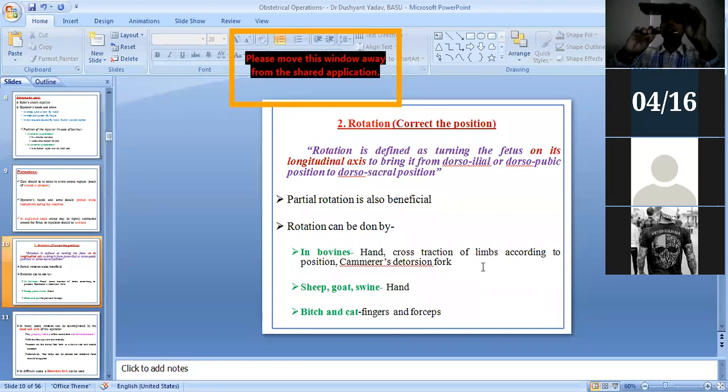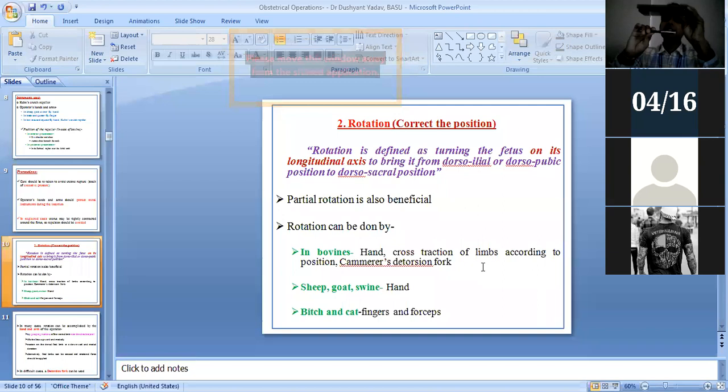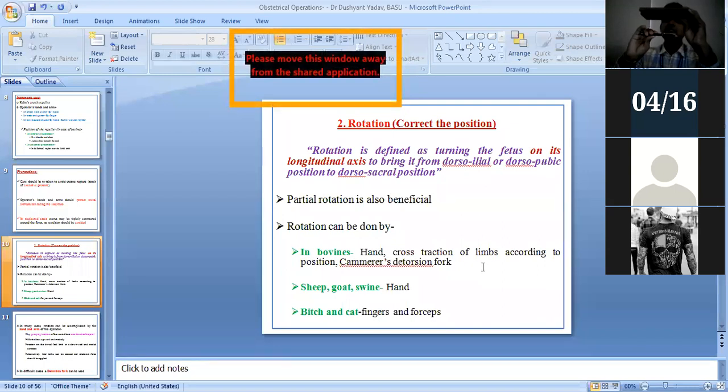If this is the vertebral column, and the vertebral column is somewhat like that, that is called dorsoiliac, because the dorsum of the fetus, that is the vertebral column of the fetus, is facing the ilium. That should be corrected by repositioning in this fashion. That is called rotation. If it is in this fashion, this is an abnormal position.